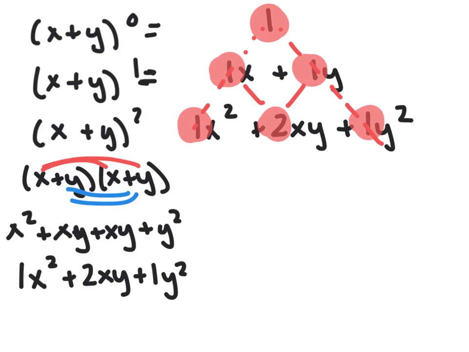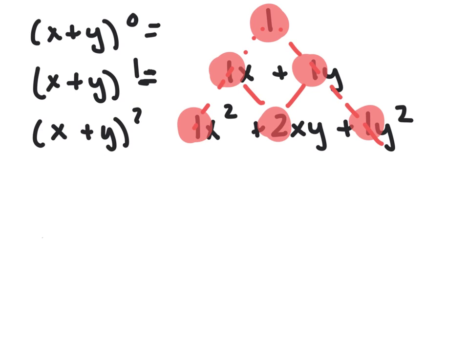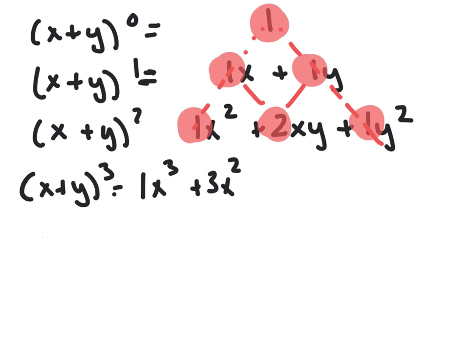For instance, if we were to do the 3rd power, give me just a second to clean some of this off here. So we would get x plus y to the 3rd power. I won't multiply this out, but here is what we would get. And we're going to see if we can find a cool little pattern hiding in this.